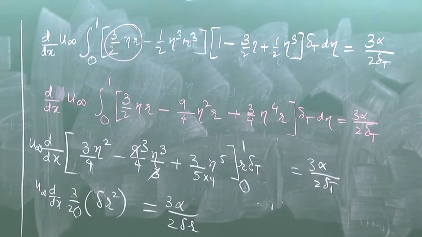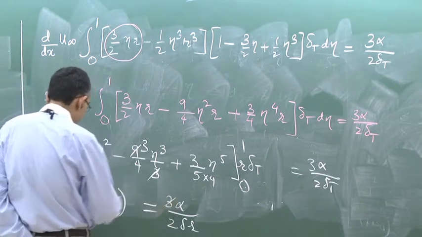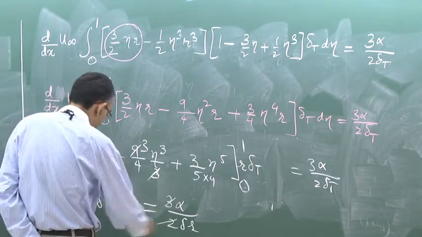On the right hand side delta T we have written delta into R. Okay. So these 3 get cancelled and this becomes 1 by 10.